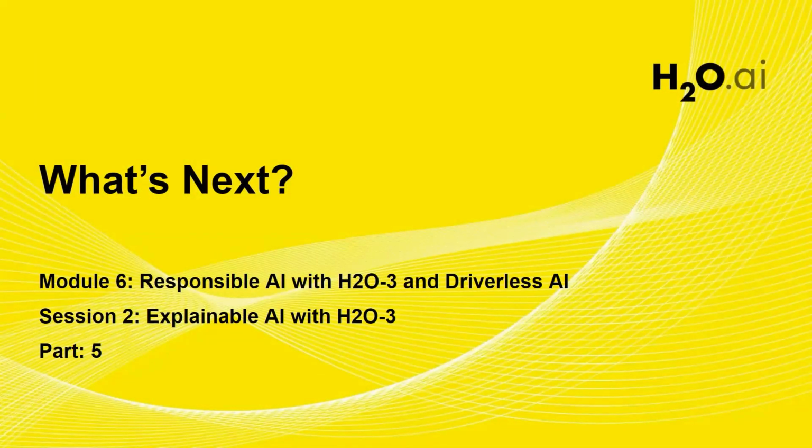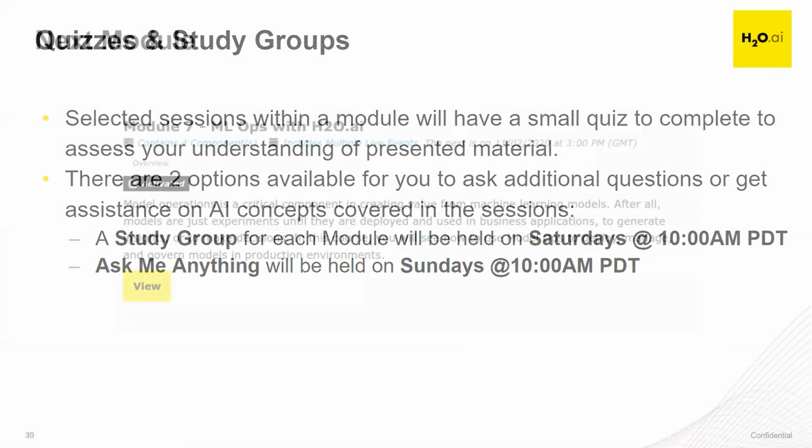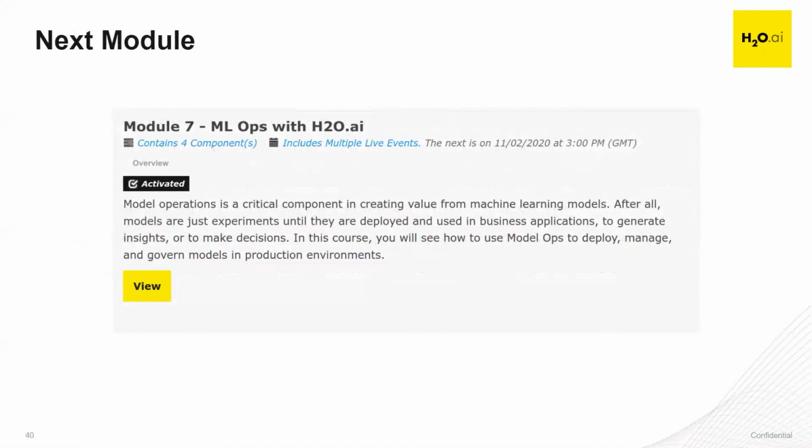So let me tell you what's next. Again, we have the quiz, and then we have a study group and Ask Me Anything over the weekend. And the next module is about MLOps. So how you use our tools from H2O to deploy, manage, and govern different models in a production environment.